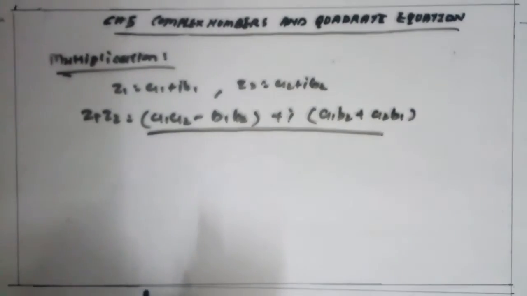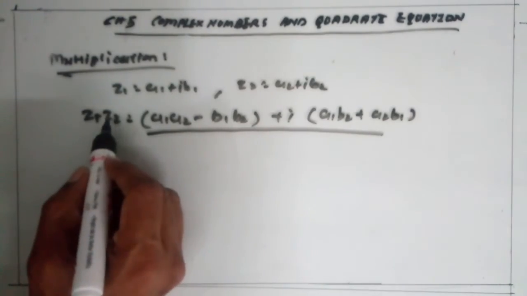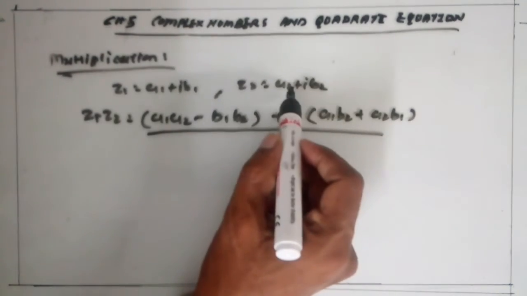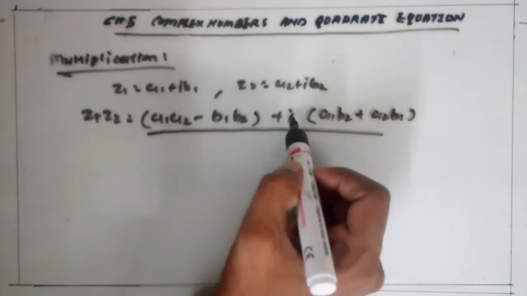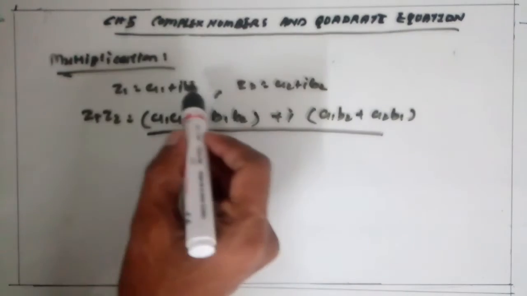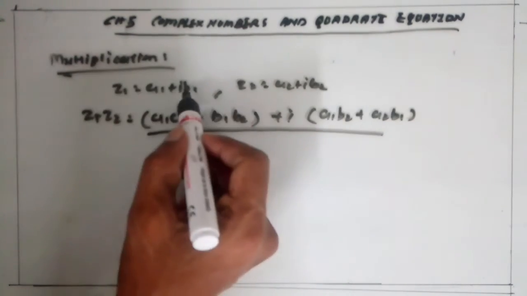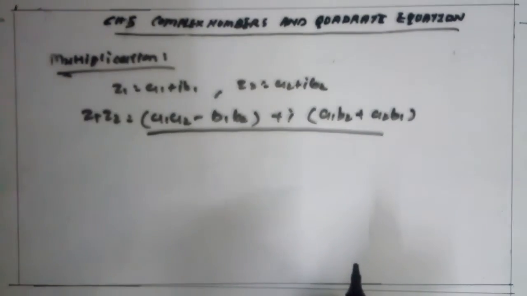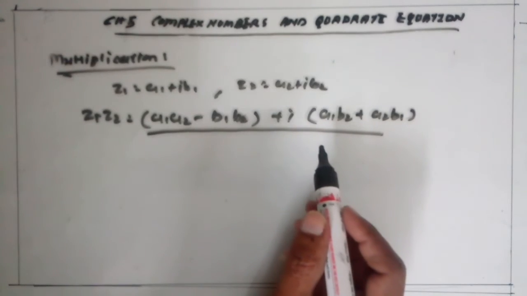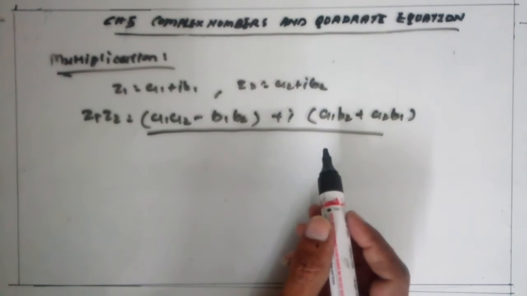So remember this, multiplication of two complex numbers: z1 into z2 is equal to a1a2 - b1b2 + i(a1b2 + a2b1 or b1a2). Clear? So this is the multiplication of two complex numbers.